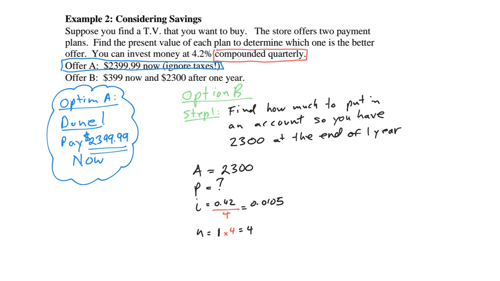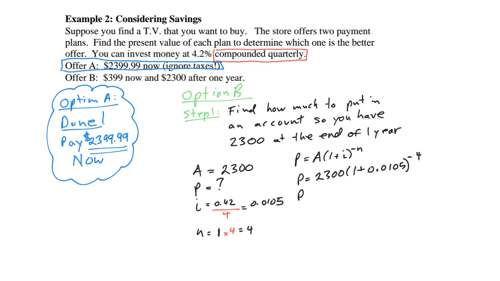So now here's our basic calculation. P is equal to A times 1 plus I to the n. We are looking for what our initial amount is to get this final amount. So let's substitute accordingly. P is equal to 2300 times 1 plus 0.0105 raised to the negative 4.